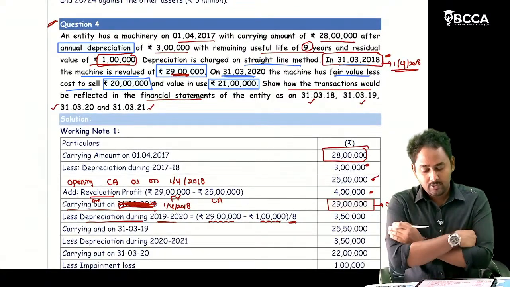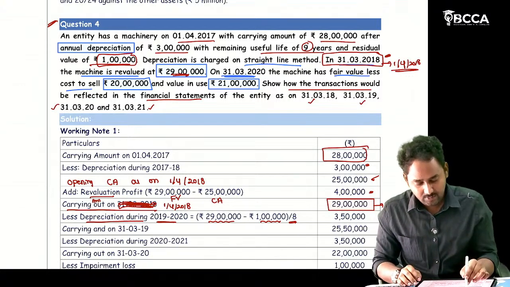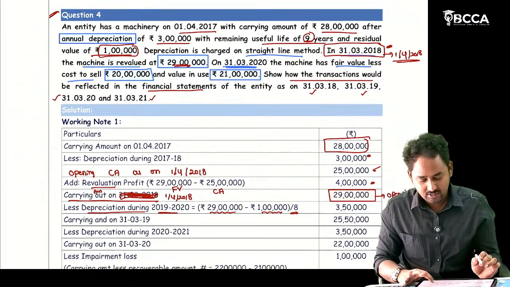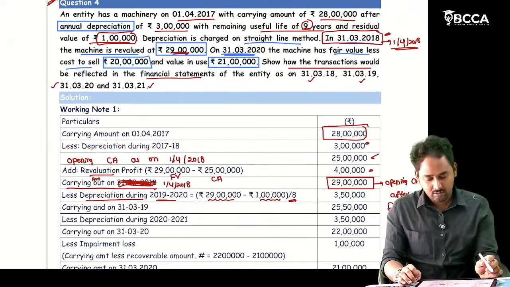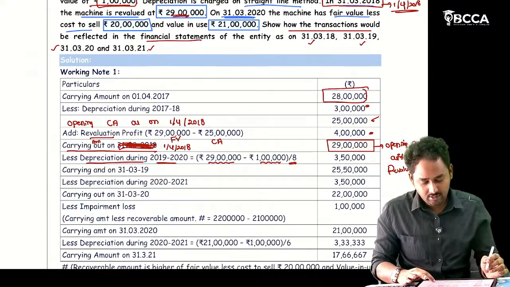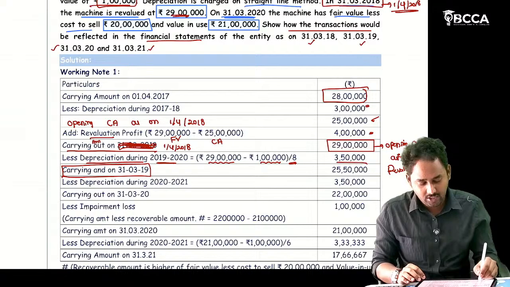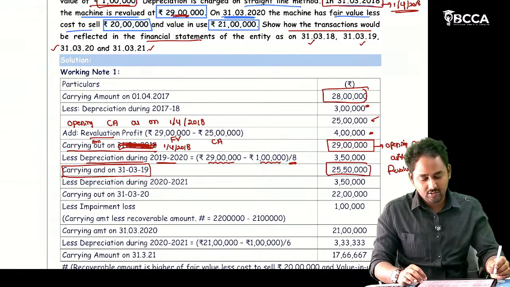What is the remaining useful life on 1/4/2017? The remaining useful life is 9 years. Then I should use 8. Then I got the carrying amount as on 31st March 2019, 25 lakh 50,000.